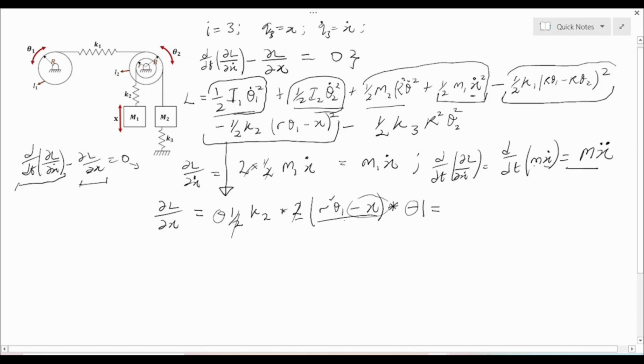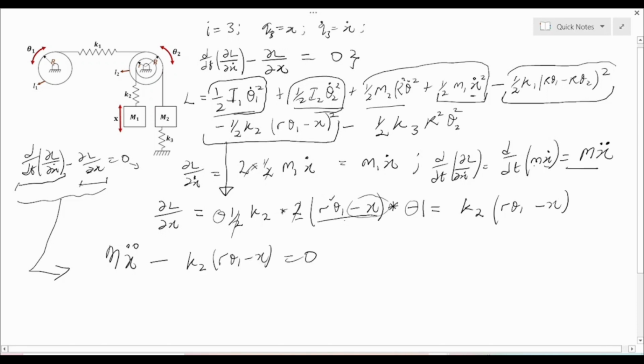At the end of the day, we'll be left with k2 into bracket r theta 1 minus x. So if we bring all the terms back into our Lagrange equation, we have m x dot dot minus k2 into r theta 1 minus x to be equal to 0.